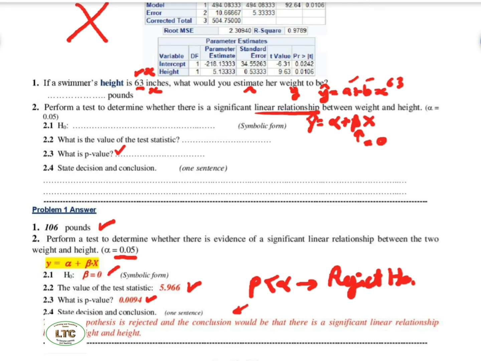Rejected means false. Therefore, HA is true, HO is false. HA is true. Therefore, beta is not 0. Therefore, if X changes, Y will change. X and Y are in a linear relationship. HA is true.